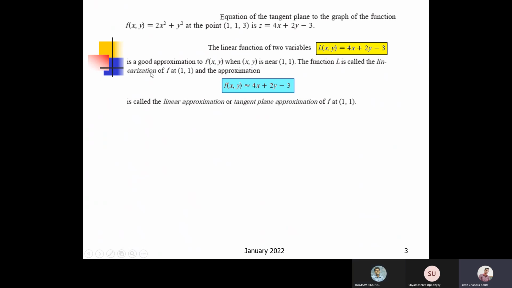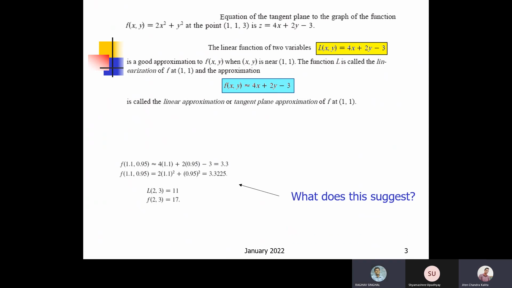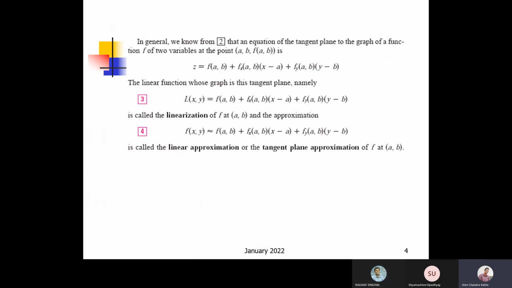The function L is called the linearization of f at (1, 1), and this approximation, f(x, y) approximately equal to L(x, y), is called the linear approximation or tangent line approximation of f at (1, 1). I have already told you the observation.